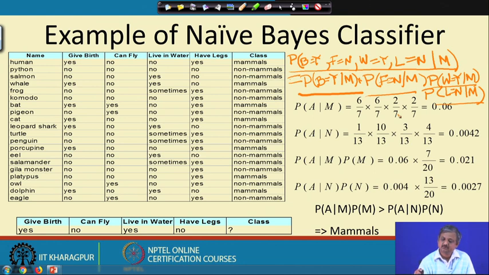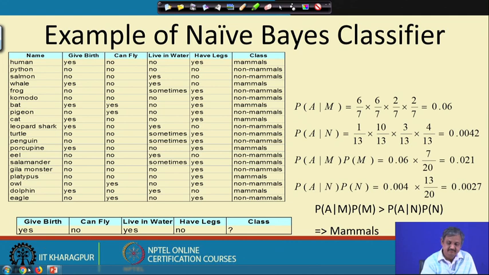So, in other words, I get a better estimate of the joint probability by expressing it as the product of the marginal probabilities, which I can, again, only do if they are independent. And once you estimate this, the rest of the thing is the same as that of the MAP classifier. Check, compare the two classes, whichever is higher, put it in that class.